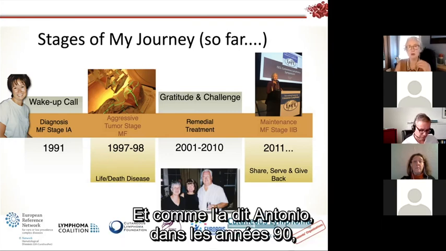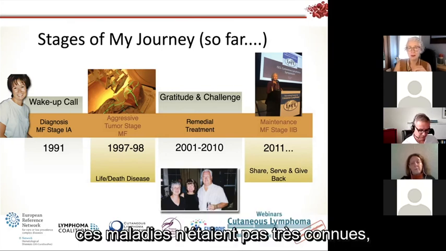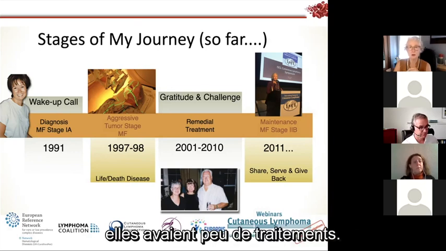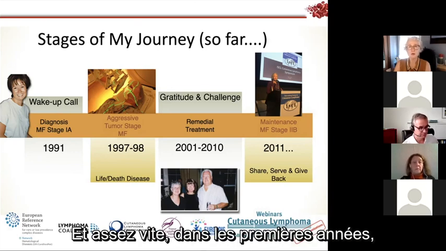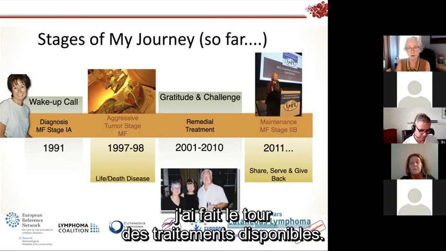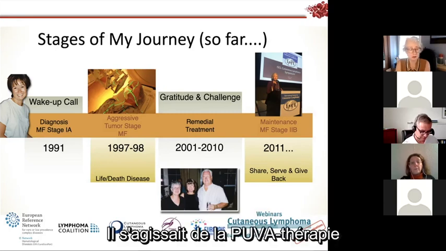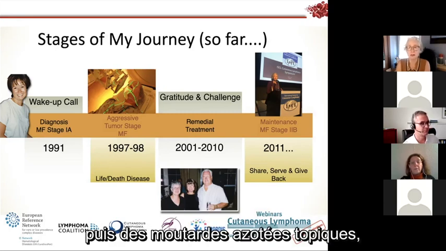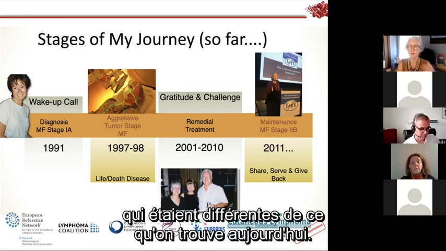And to what Antonio was saying, back in the 90s, there was not as much knowledge of these diseases. There were very few treatments for the disease. And I relatively quickly, in the first few years, ran through the available treatments, which was the UVA, PUVA treatment, and then some topical nitrogen mustard, which was in a very different formulation than what it is today.